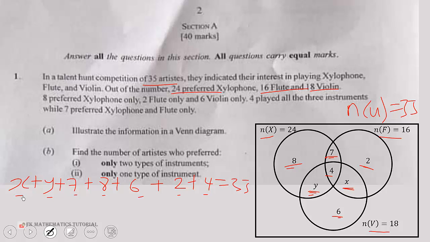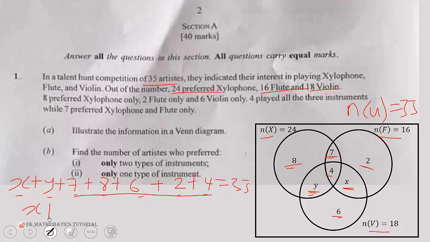When you add all of these things here, we will get 20.